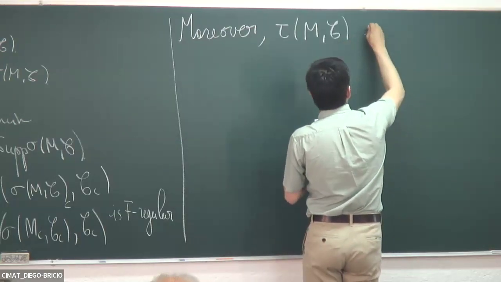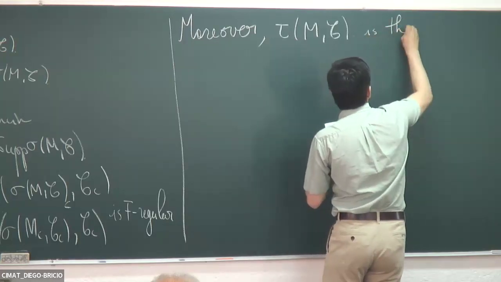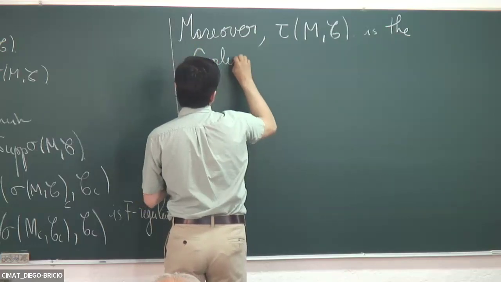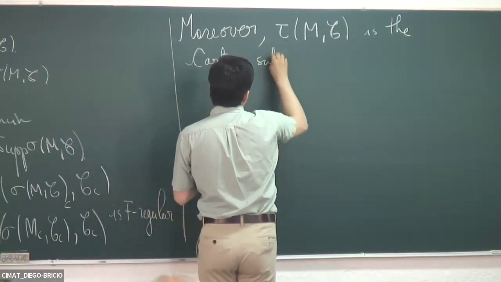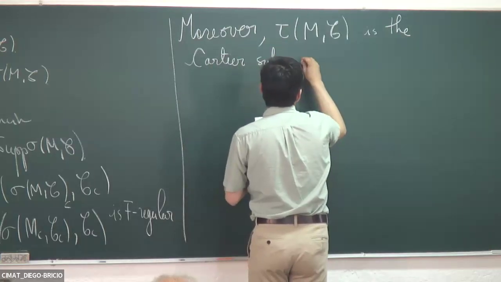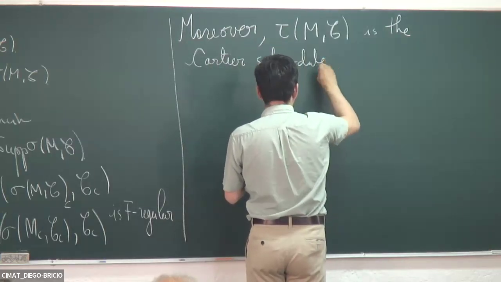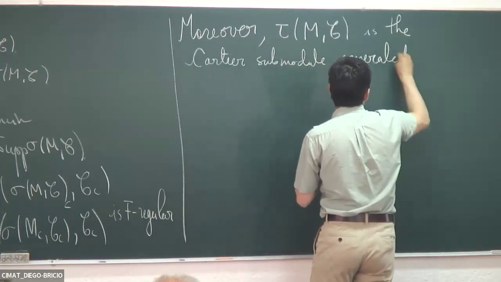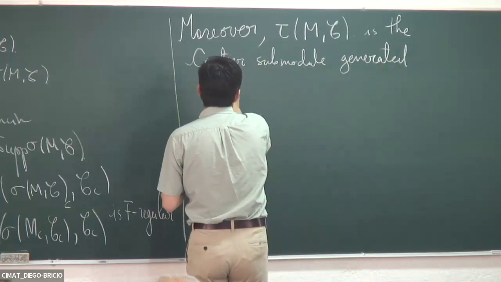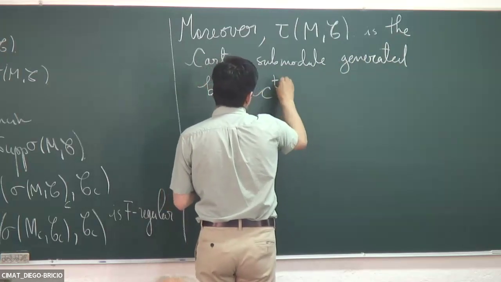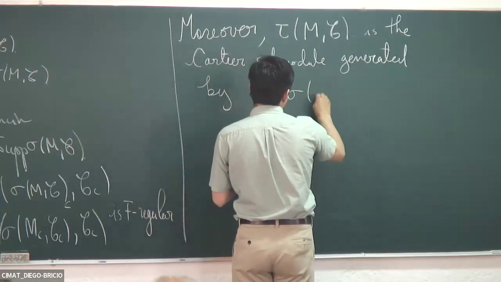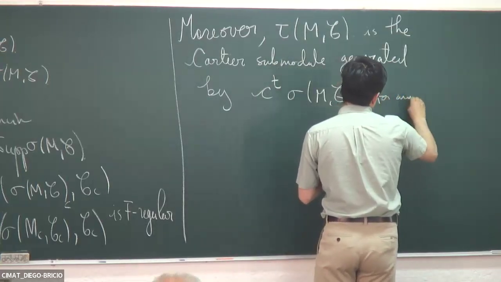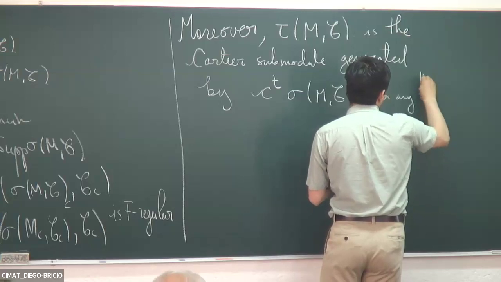This thing is the Cartier submodule generated by C T sigma, comma C, for any t but different from 0.